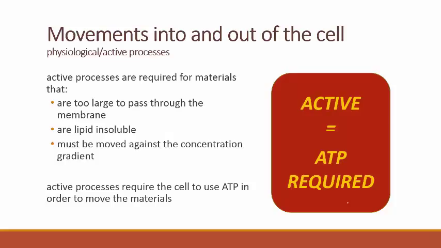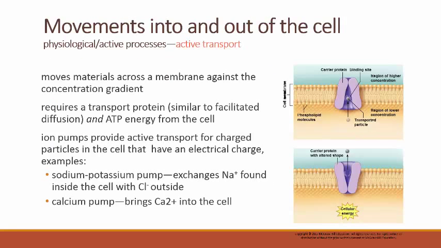So ATP is required because all of these things are working against the physical properties that would move materials if the conditions were appropriate. So how do we do all this?